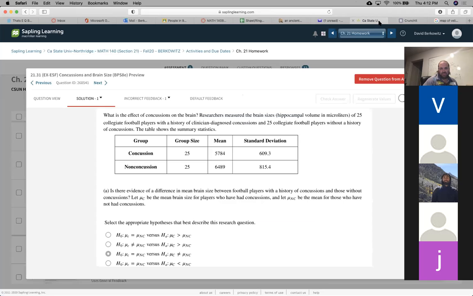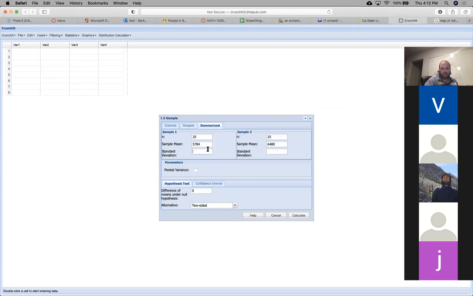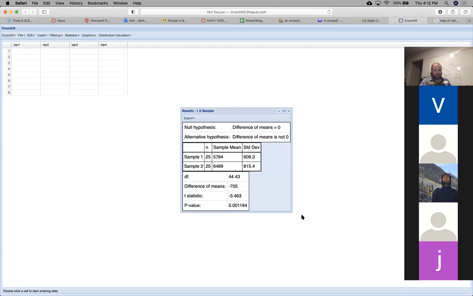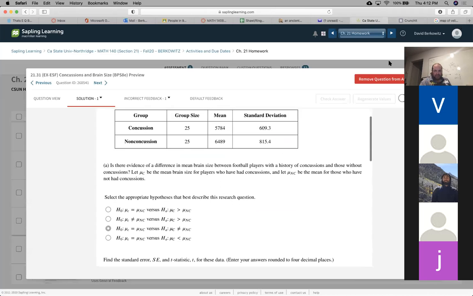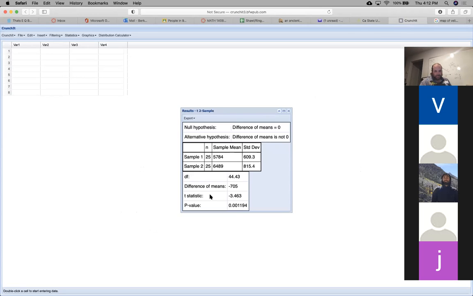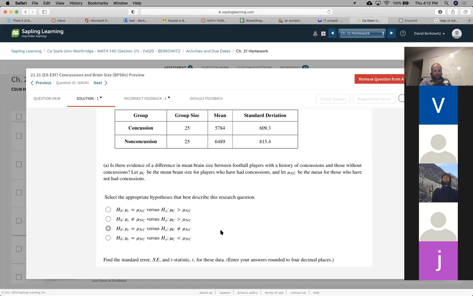First deviation is 609.3. Second deviation is 815.4. We're not pooling. We're looking for a hypothesis test with the assumption of 0, two-sided. Calculate. So it asks for the standard error and the t-statistic, rounded to 4 decimals.